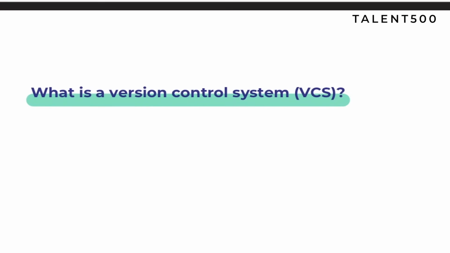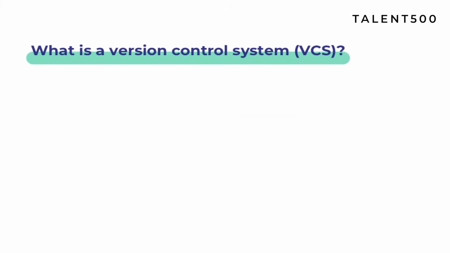Okay. So the first question which we have is, what is a version control system? VCS. Before actually jumping into this, let me quickly give you an overview about Git. Why do we actually require Git? Let us say we have a project, and on that project we have multiple people working on it, and this is very common when you work for any organization.